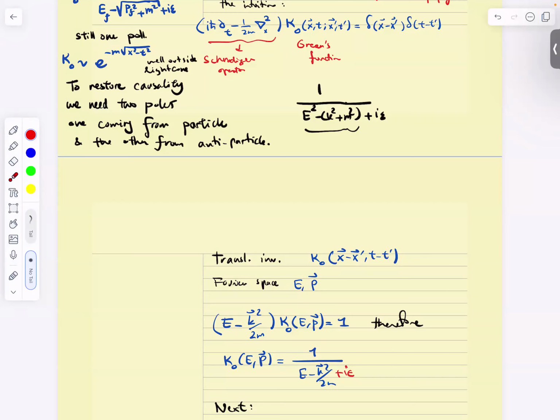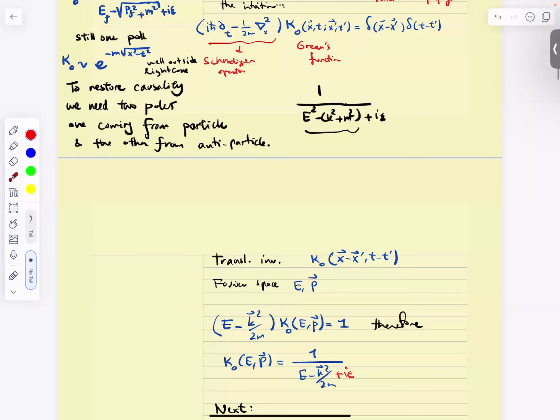All right, very good. How do you decide which to use? What do you want to calculate? Do you want to calculate the time-ordered correlator, or the commutator?